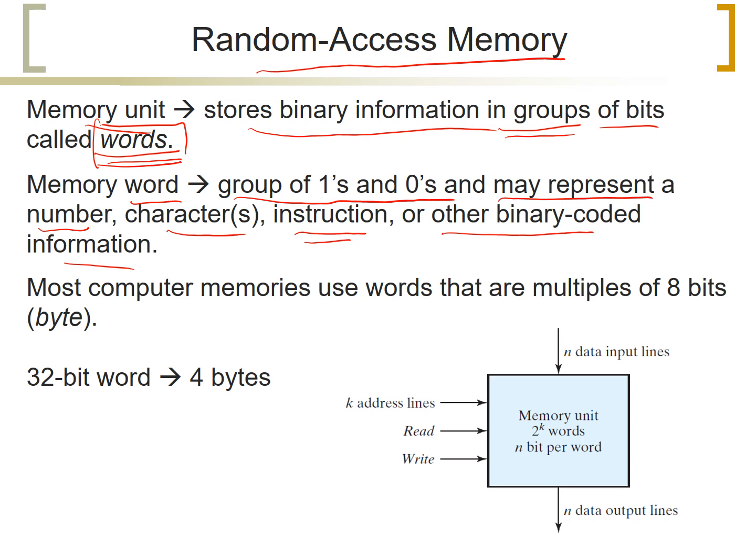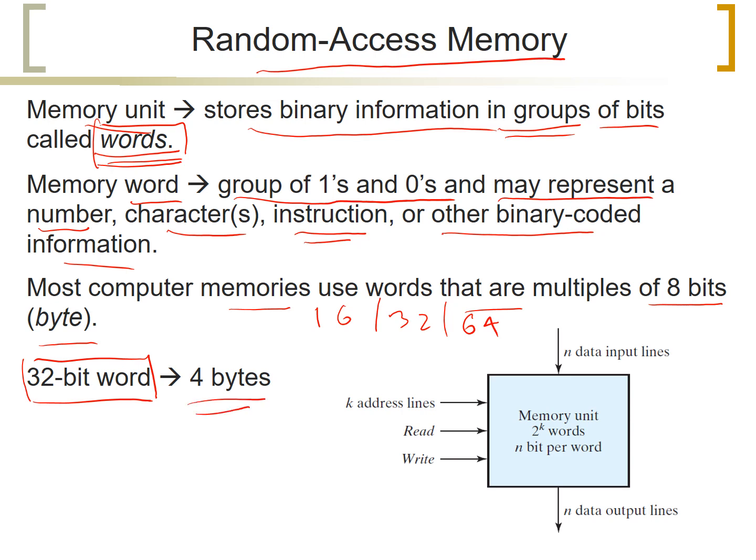And most memories use words that are a multiple of 8 bits. So usually we find the word 8 bits or 16 bits or 32 bits or 64 bits as an example. And a 32-bit word memory is very famous, which means it is 4 bytes.